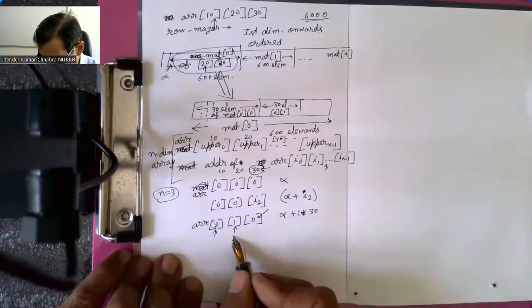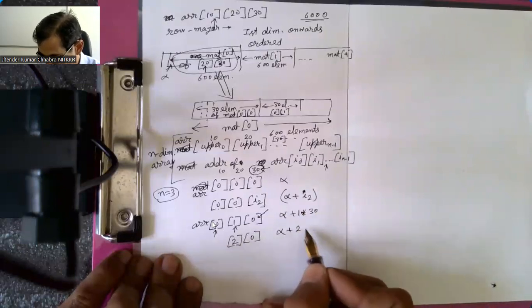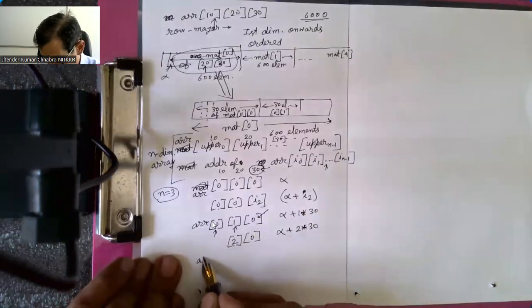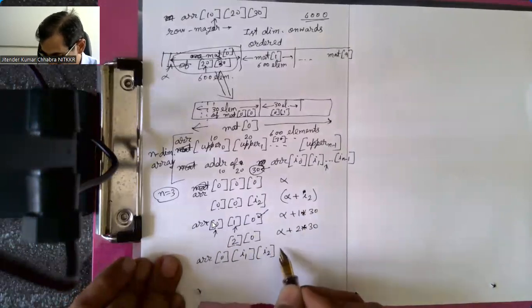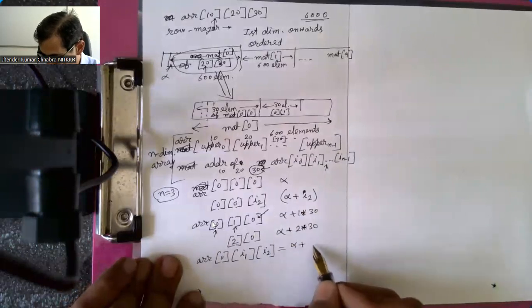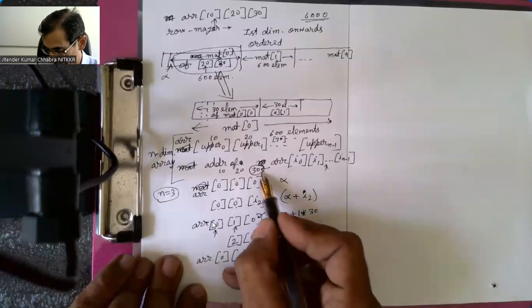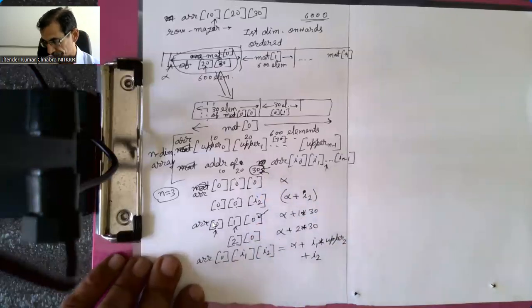And if it was 2, 0, it means alpha plus 2 into 30. In general, ARR 0, I1, I2 will be alpha plus I1 into 30, where 30 is nothing but upper 2, plus I2.